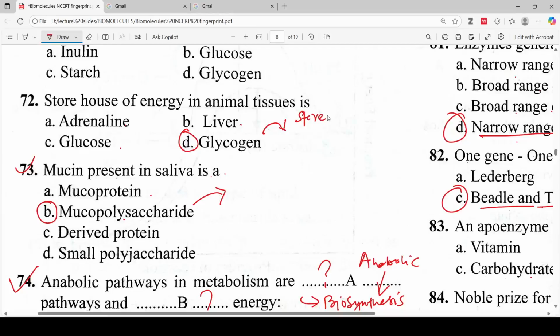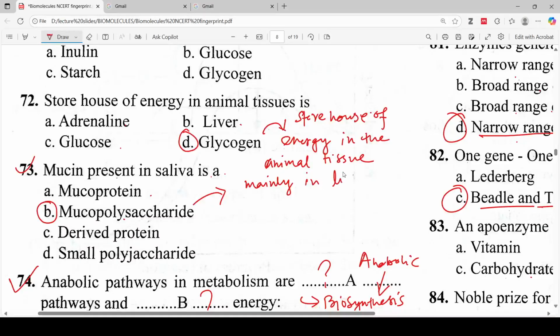The storehouse of energy in animal tissue, mainly in liver and muscle, is glycogen.